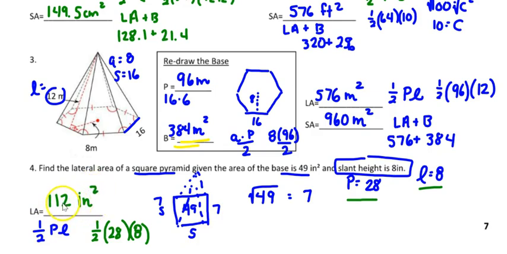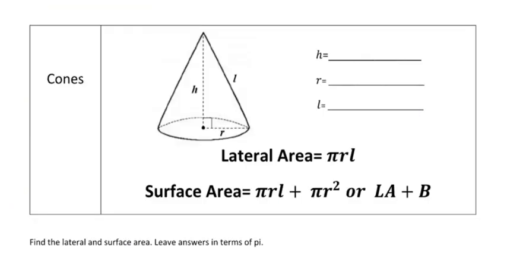All right, now for our next section, we're going to go on to cones. So that was pyramids. So for cones, we still have height like normal. We'll have the radius of the circle.